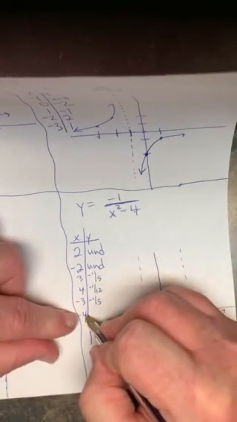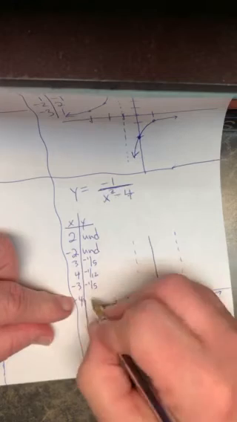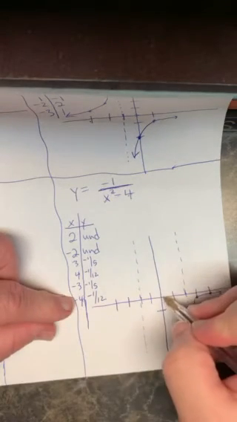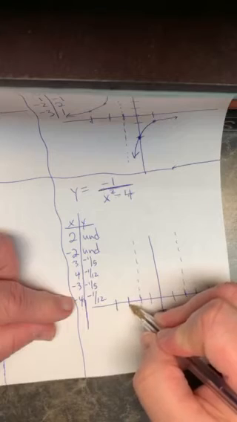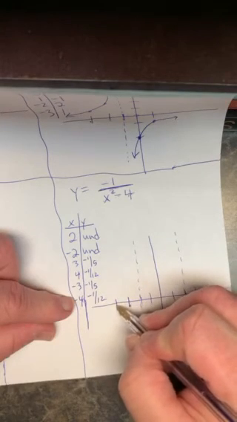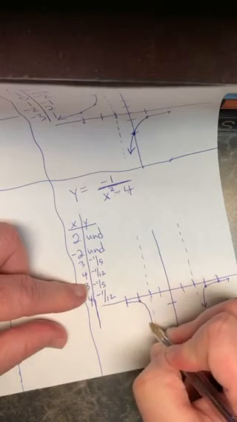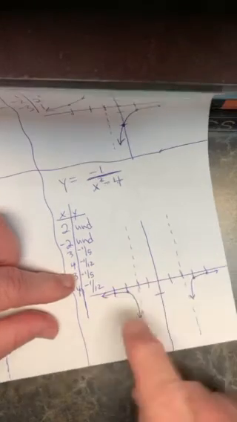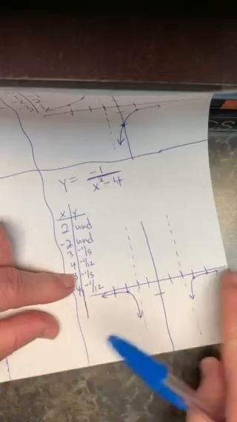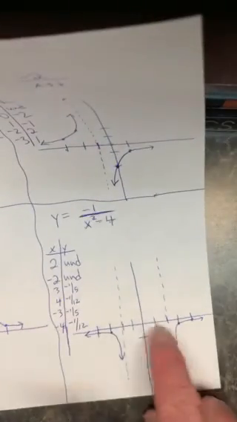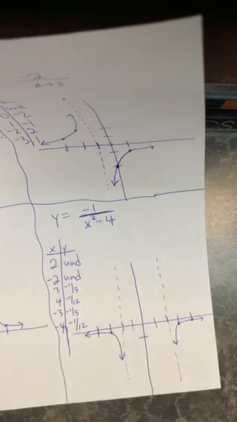Negative 4 will give you the same answer as 4, which is negative 1/12. So I'm going to go left 3, down 1/5, left 4, down 1/12. You end up connecting those up and getting a curve that's the twin brother of that other guy way over there. So the final question that remains is, what do you do in between the dotted lines?